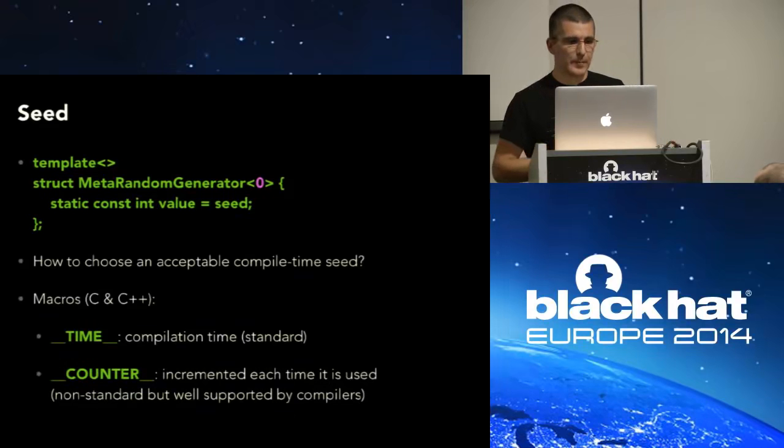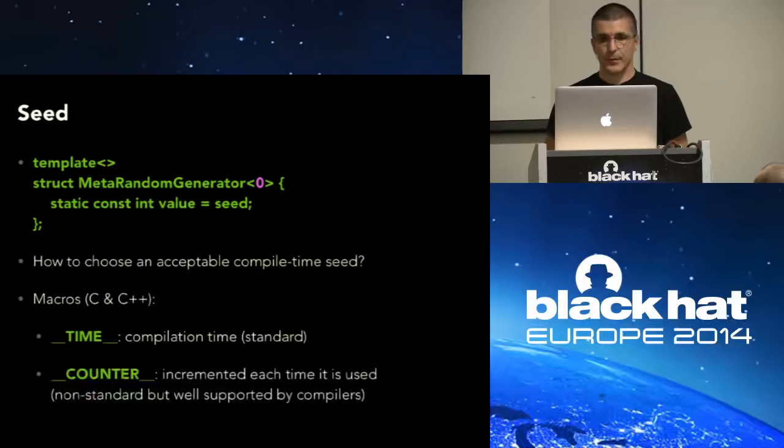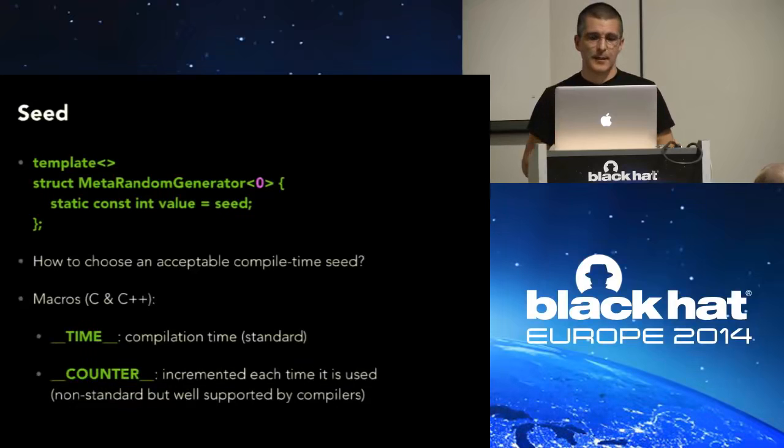You have some macros in C and C++. You have, for example, __TIME__. It's the time of the compilation. It's the time in text, but it's not complicated to transform this into a number. But if I'm using only time, almost every string in my application will share the same key. Almost, because the compilation may take some seconds.